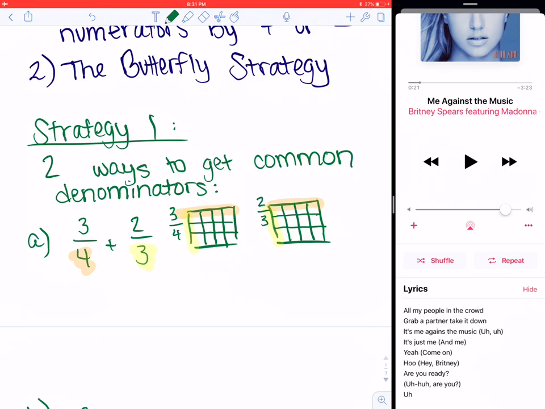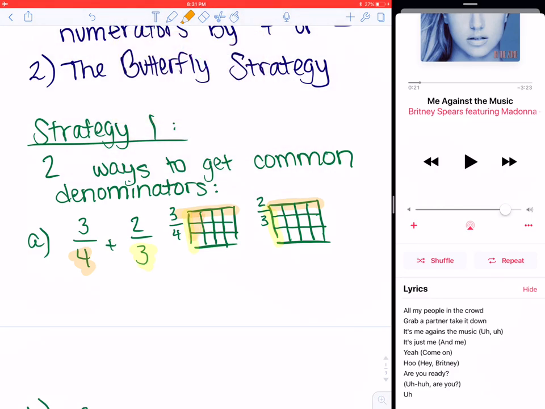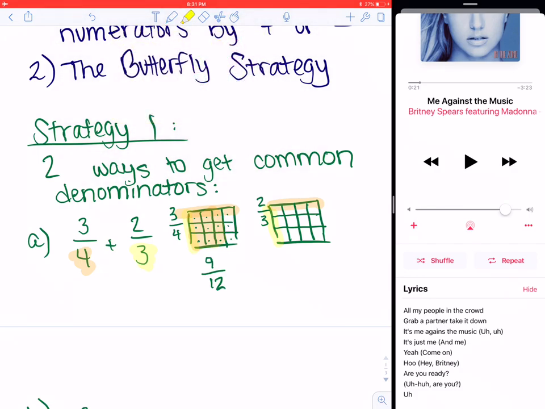So my 3/4, I'm going to color 3 out of 4 of my columns. I have 3 columns colored in, and that leaves me with 1, 2, 3, 4, 5, 6, 7, 8, 9 out of 10, 11, 12 total boxes. For my 2/3 fraction, I'm going to color rows because my thirds are going left and right.